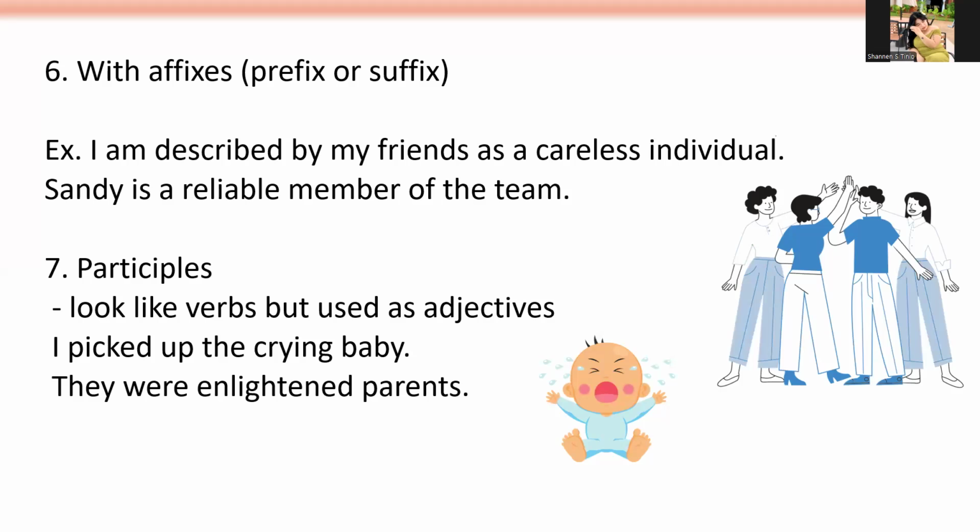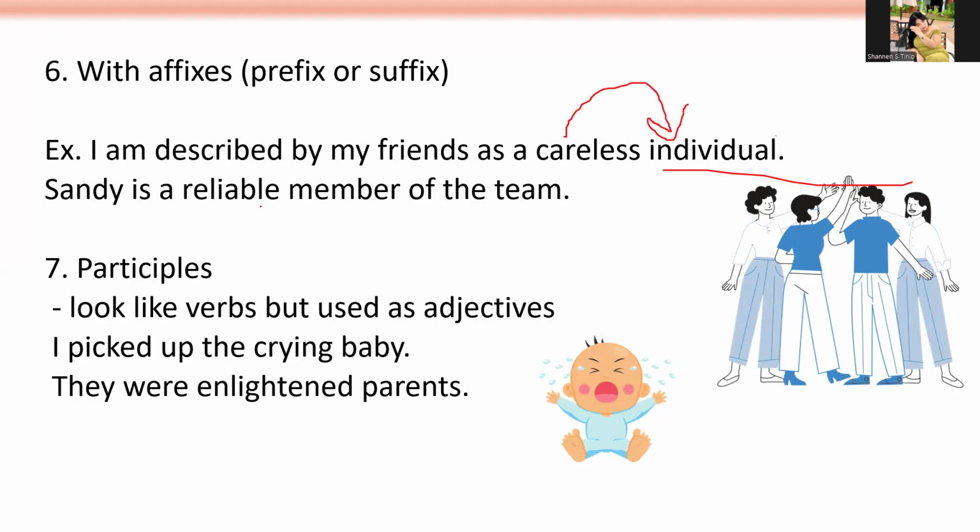So the first example is, I am described by my friends as a careless individual. Which noun in the sentence is being modified? Individual, right? This is the noun and the modifier is careless.